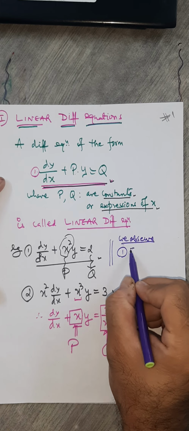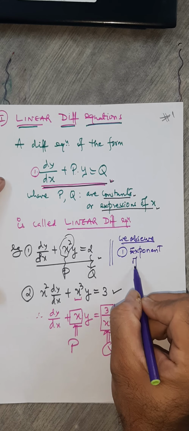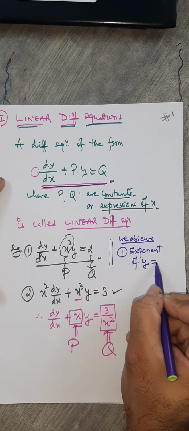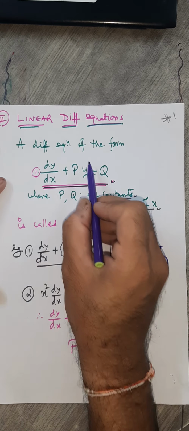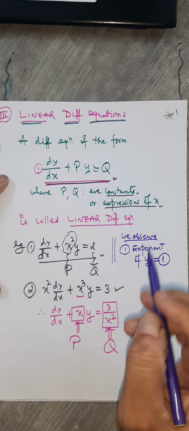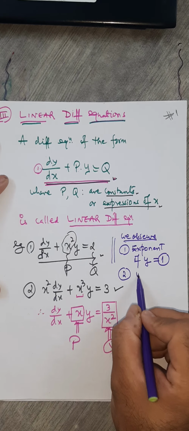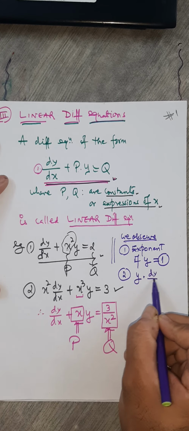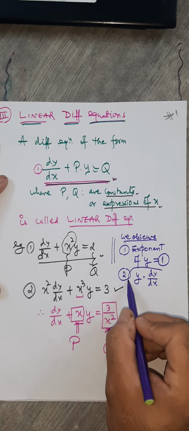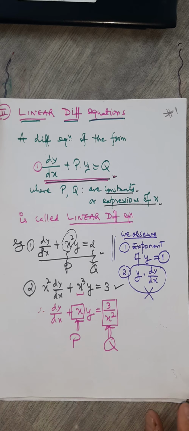The exponent or power of y should be equal to 1. If y square comes here, it's not a standard linear differential equation. And number two, y and dy by dx should not be in a product. Y into dy by dx should not be there in a standard linear differential equation.